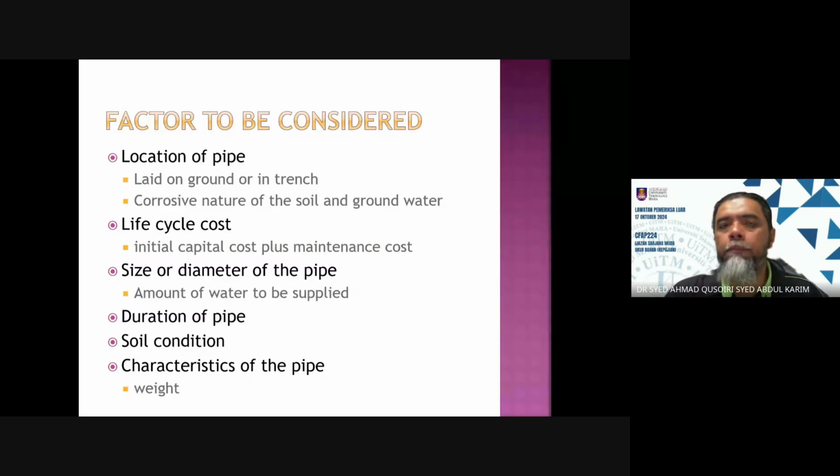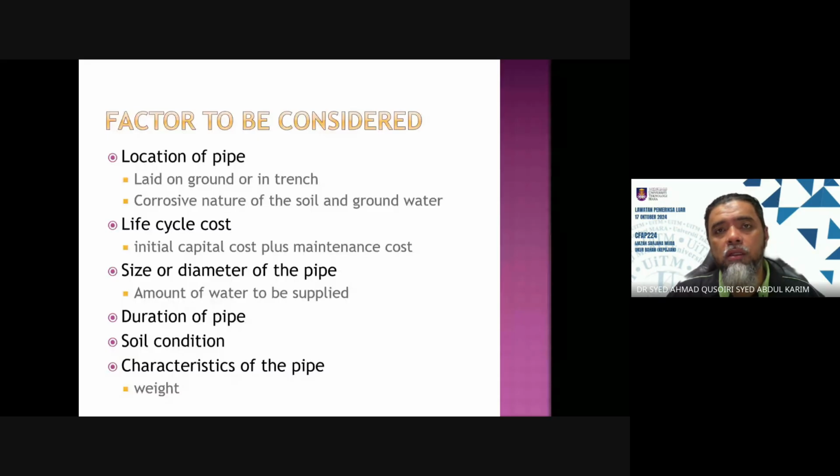And then when the pipe needs to cross a barrier such as a river or some other man-made obstacles, these pipes will go above ground. Okay, so when they go above ground, usually the materials that they use for the pipes are a lot stronger.